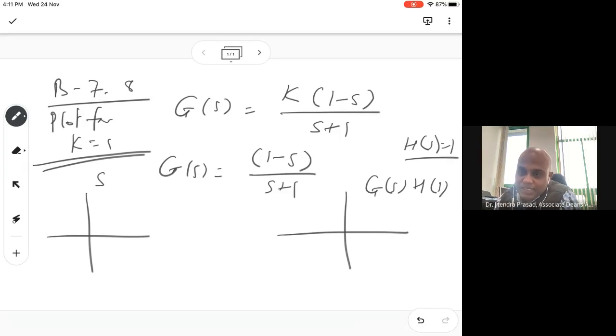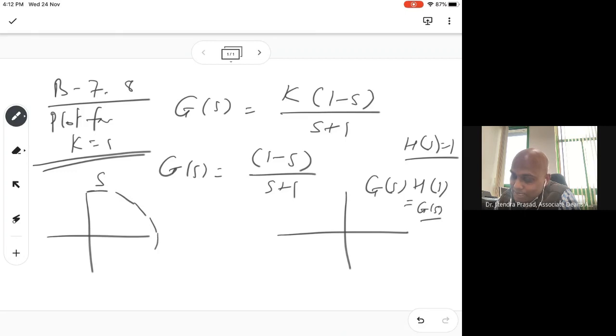The feedback transfer function you assume to be equal to 1, as just a proportional gain. So this is equal to G(s) only. So how do you have to plot? You plot like this.